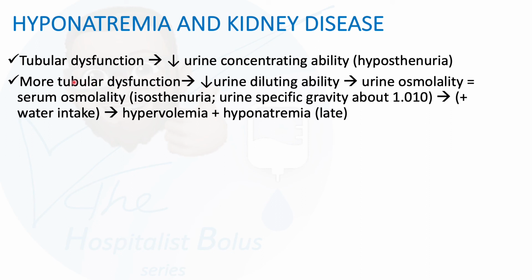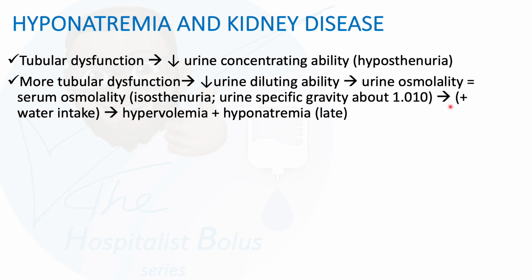Now with more advanced kidney disease, there will be more decrease in the urine diluting ability, to the point that the urine osmolality will come close to or even equal the serum osmolality, and this is called isosthenuria. So the urine specific gravity will be about 1.01.